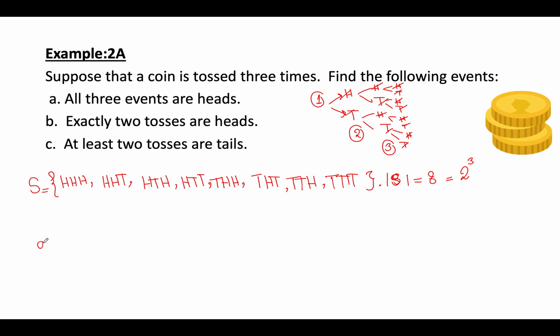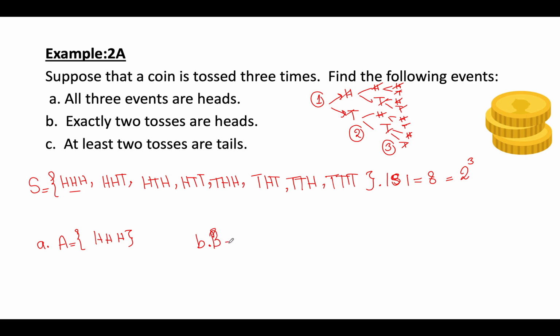So A: all the three tosses are head. Now here we can say that A, from my sample space, is the outcomes where all three are head. So here we got head, head, head, only one element, only one sample point. Okay, B: exactly 2 tosses are head.